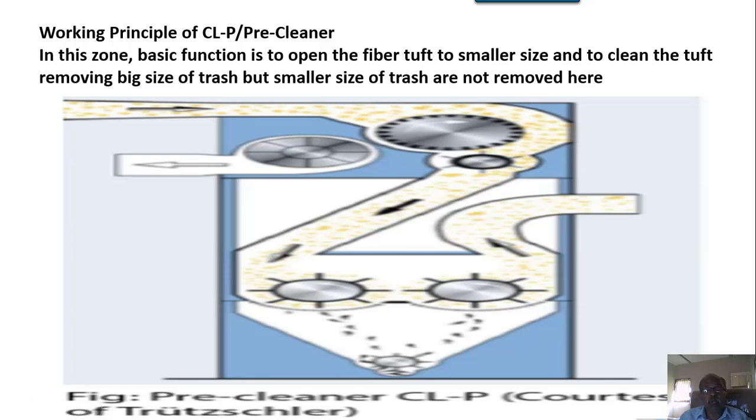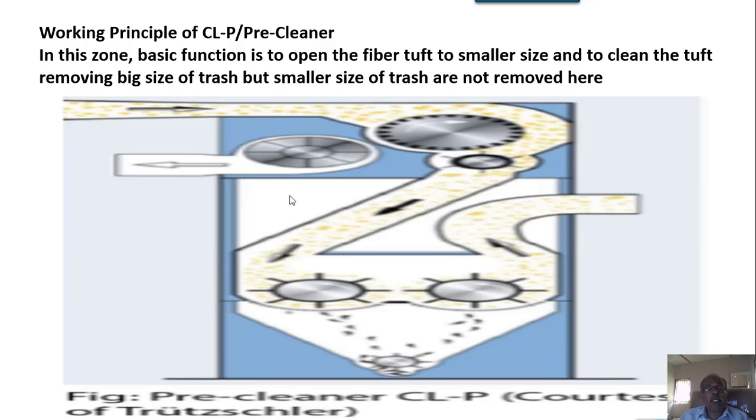This roller's cotton will be transferred to this one, it will do its beating action again, and then the cotton will be taken out. This happens in an axial fashion, so it was named Axiflow cleaner earlier.